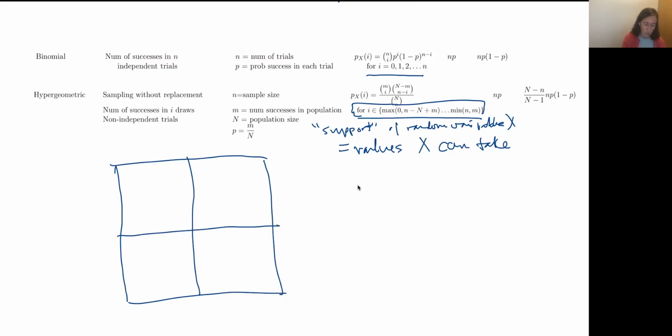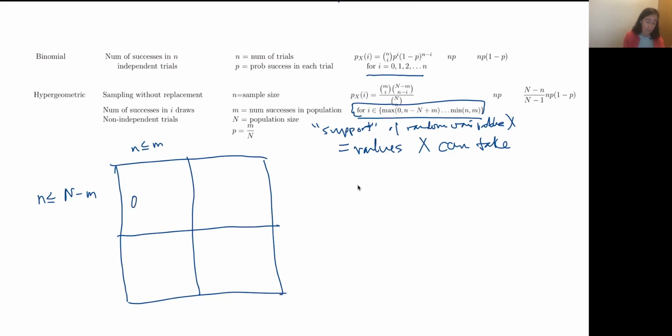One is the case where the sample, the number of things we're sampling from the population, is smaller than or equal to the total number of successes in the population, and also smaller than or equal to the total number of failures in the population. That's the size of the population minus the number of successes, the number of failures. So in this case we're not going to run out of failures or successes in the population, and the support of the hypergeometric random variable is just the same as the binomial.